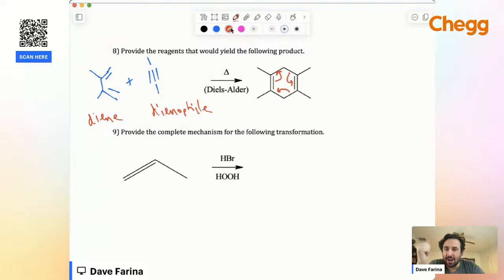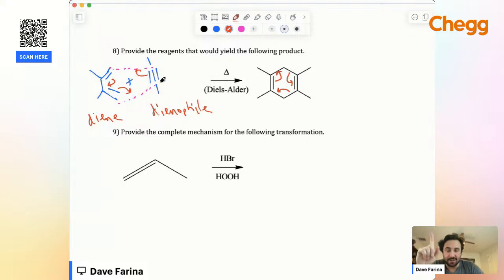And we can always check. We can always go in the forward direction and imagine the electrons cycling in the forward direction. And we can see that we will get that product. This pi bond goes there. That's that one. This pi bond goes here to get this sigma bond. Here's the new sigma bond.